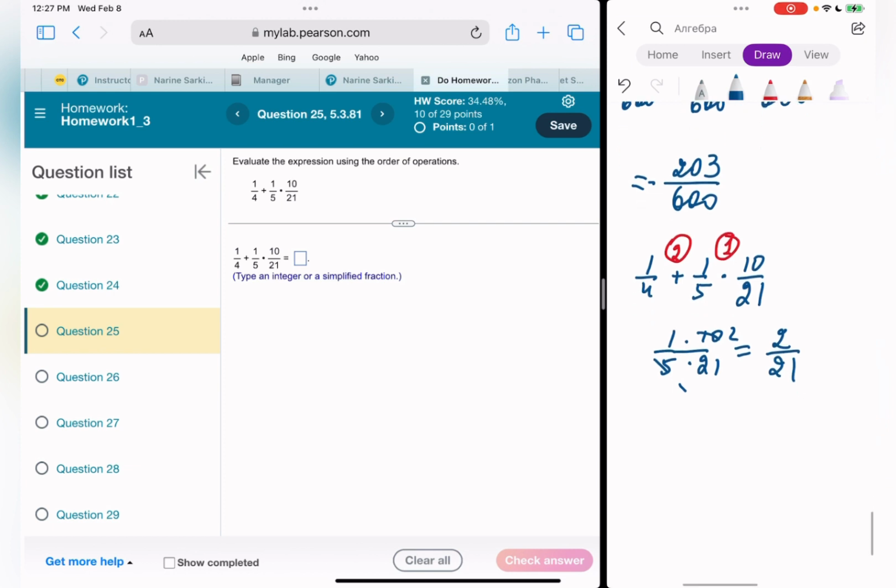And then 1/4 plus 2 over 21. To bring to a common denominator, 21 is not divisible by 4. So 21 times 2 is 42. 42 is not divisible by 4. 21 times 3 is 63. 63 is not divisible by 4. Wait a minute.